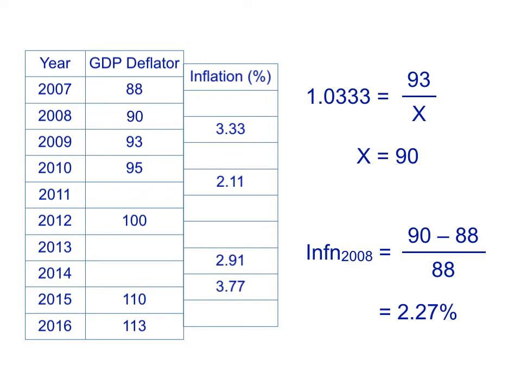However, hopefully what you did was simply take 90 and divide it by 88. If you took 90 and divided it by 88, you would have gotten 1.0227. And of course, you would have then said that is a 2.27% increase.